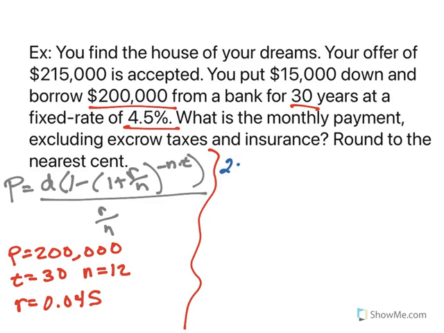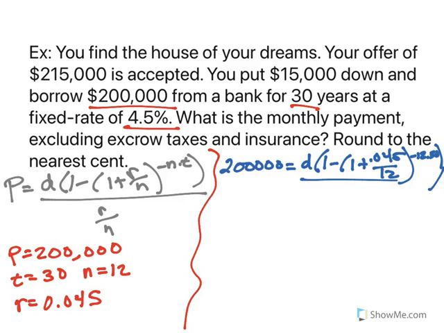So now I can go ahead and plug in what I know. 200,000 equals D times 1 minus 1 plus 0.045 over 12 raised to the negative 12 times 30 power, all over 0.045 divided by 12. Ooh, forgot my 5. First things first, I highly recommend you focus on this piece.